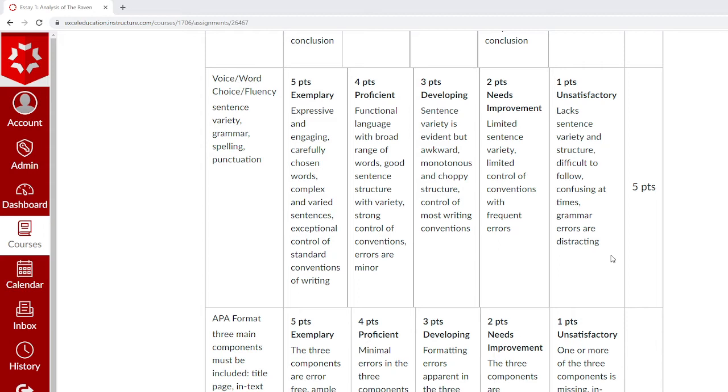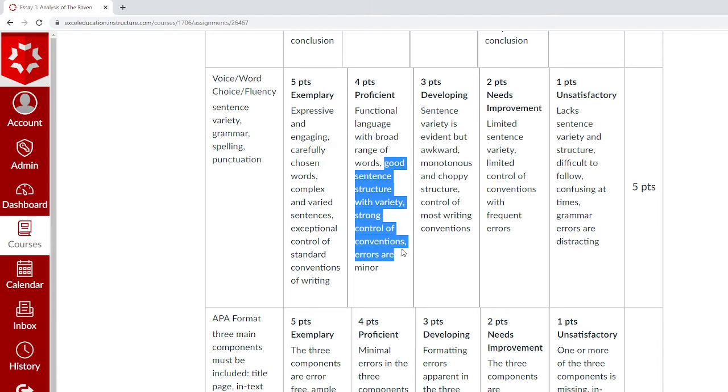You're going to notice that the rubric asks for complex and varied sentences over here at 5. Complex and varied sentences. And then under 4, it says good sentence structure with variety, strong control of conventions, errors are minor.